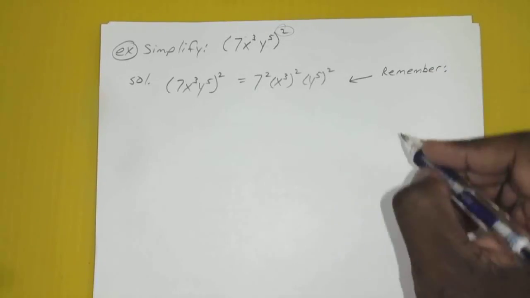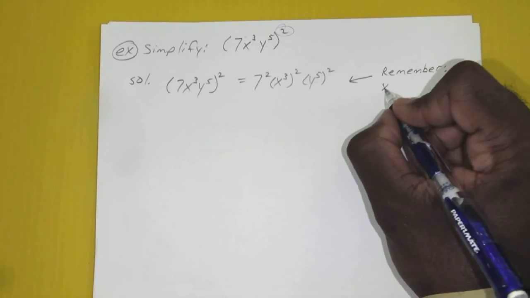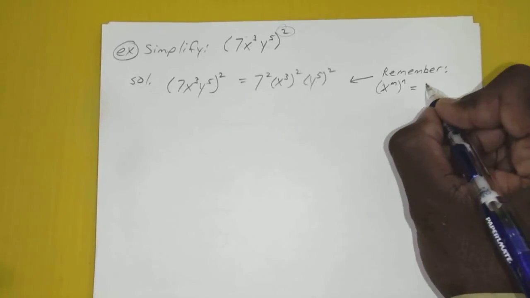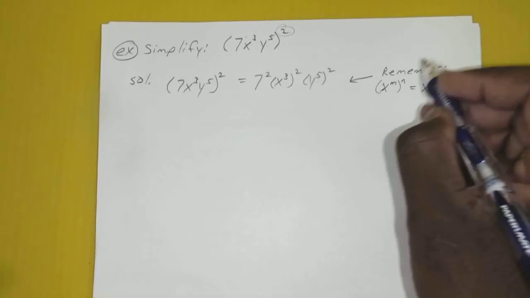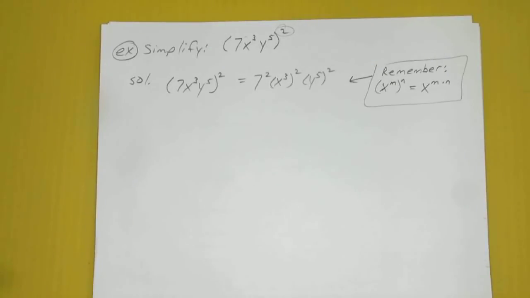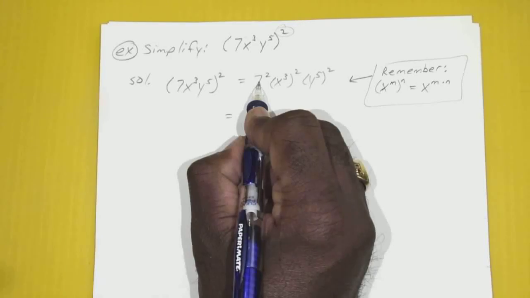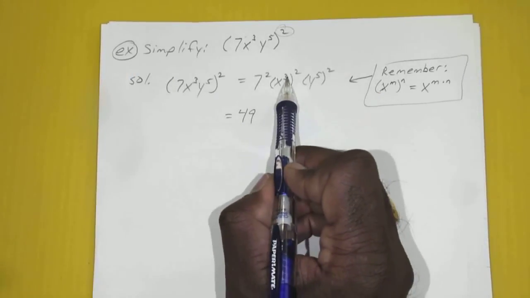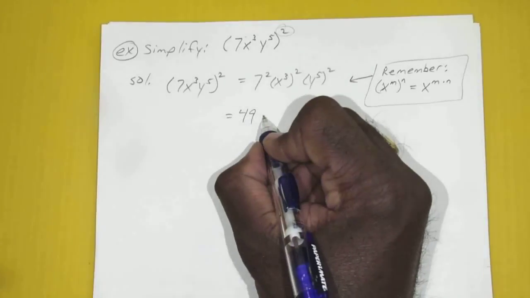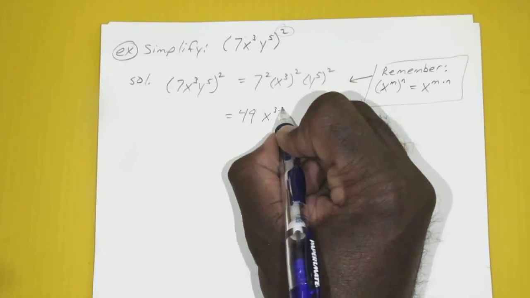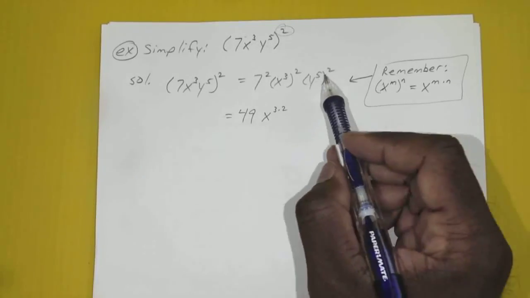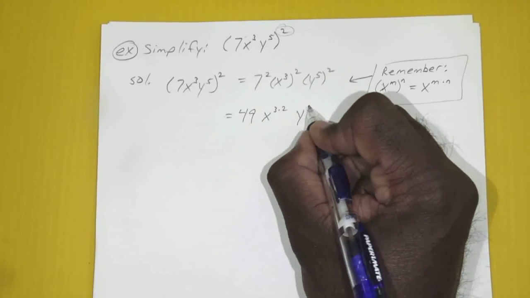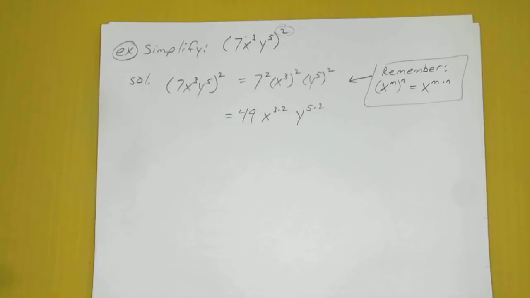Okay, so if you remember, x to the power of m raised to the nth power is equal to x to the m times n. So that means your 7 squared, well, we can make that 49 if we want to. X to the third power raised to the second power is just x to the 3 times 2. And y to the fifth power raised to the second power is just y to the 5 times 2.